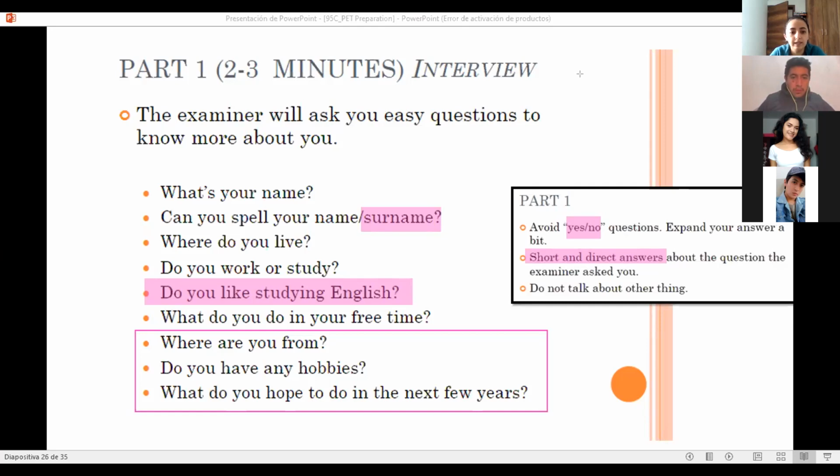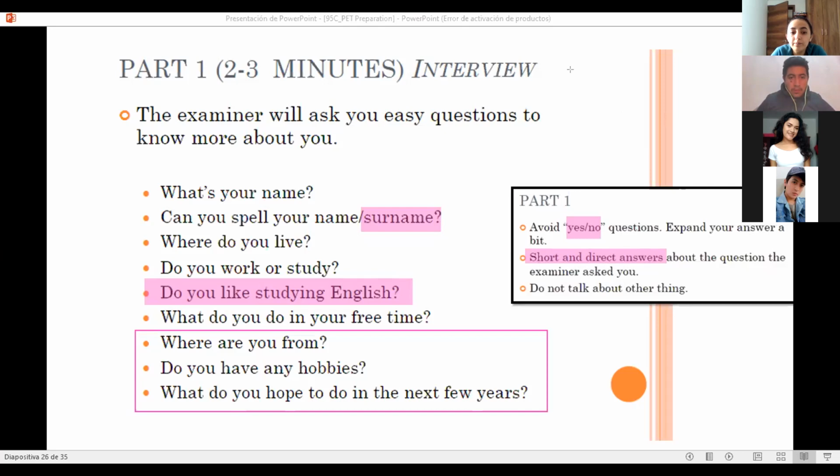Okay, guys, and this time we're going to practice each part of the speaking section. So we're going to start with some groups again. I'm going to make groups. This time you're going to work in pairs.